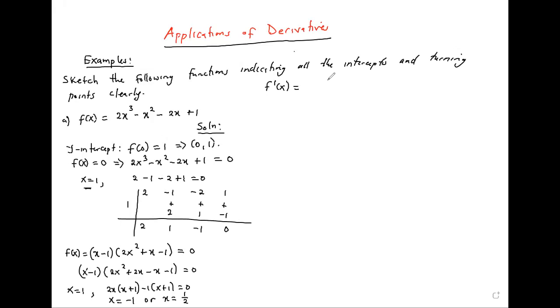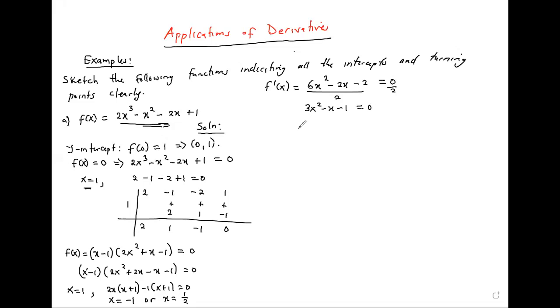The derivative of f is going to be 6x squared, using the power rule, minus 2x minus 2. And then equate this derivative to 0. We divide throughout by 2, and we get 3x squared minus x minus 1 is equal to 0.